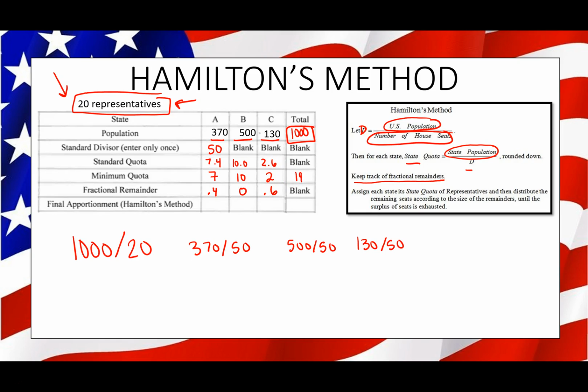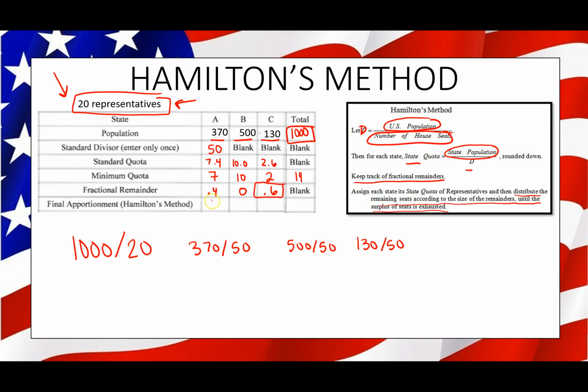So now we need to distribute one more seat. And who is that going to go to? Well, we're going to distribute the remaining seats according to the size of the remainders until the surplus of seats is exhausted. So I have to give an additional seat to someone. I'm going to give it to the one whose decimal is the highest, that 0.6.